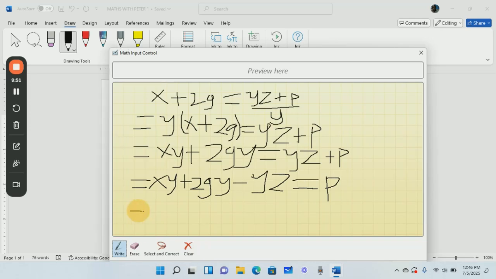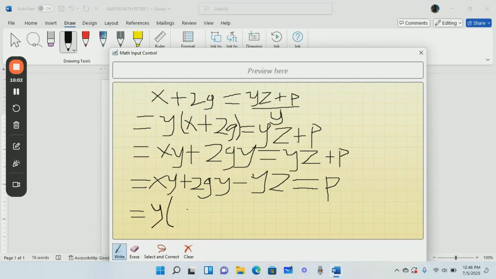So we bring our y outside, then bracket open, then now we have x plus, my plus has a mistake, plus 2g minus z, bracket close, all is equal to p.